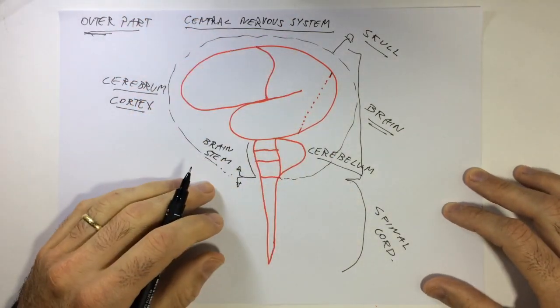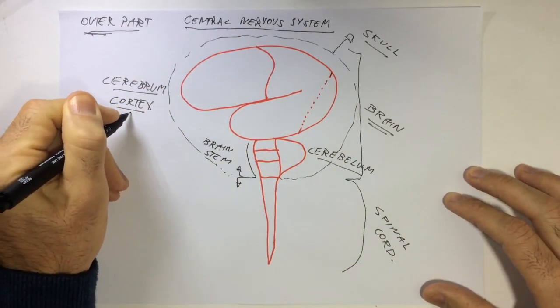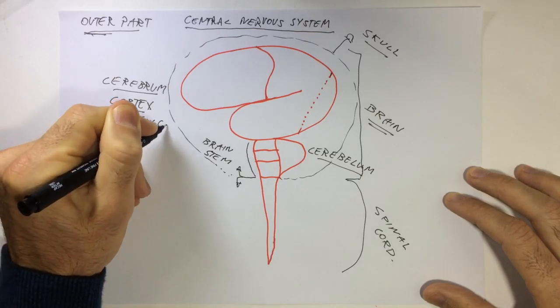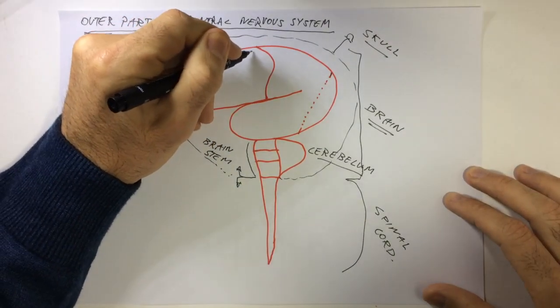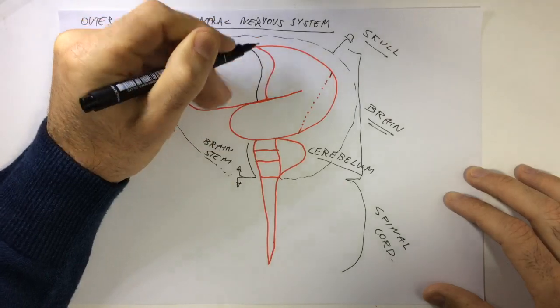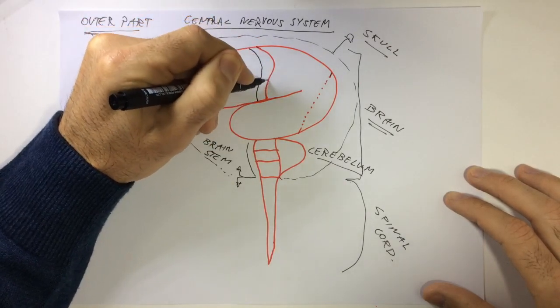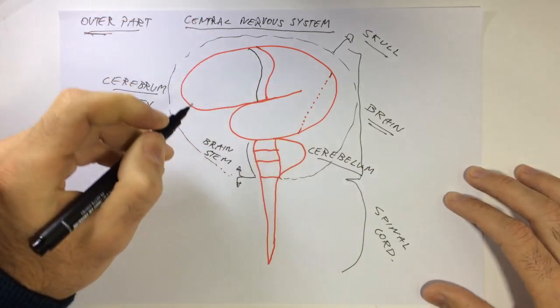These ones here are what we call sulcus. So the cortex would be divided in sulcus and the structures that are between two sulcus. For example, here I'm going to draw another sulcus. So here we have one sulcus, here we have another sulcus.